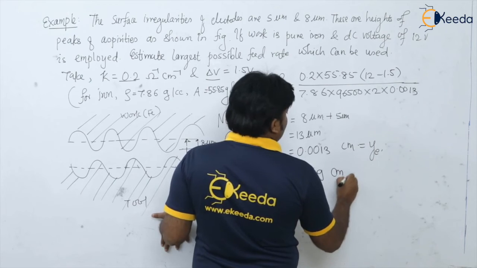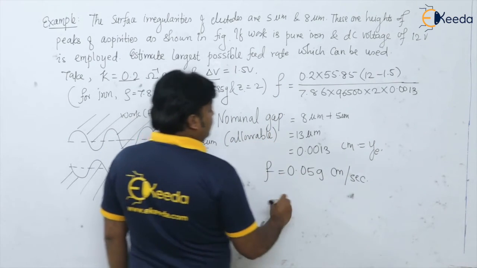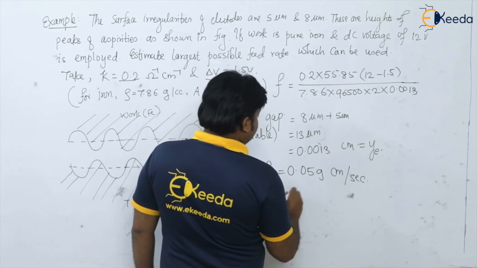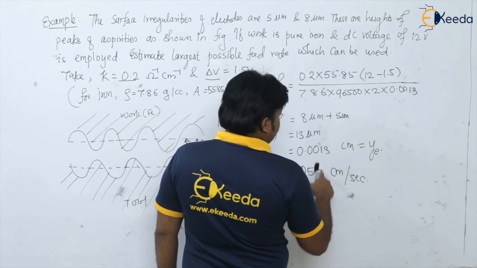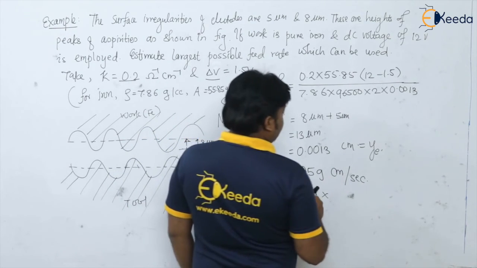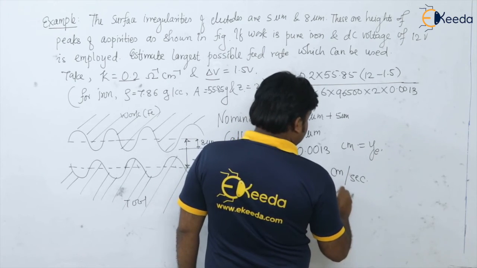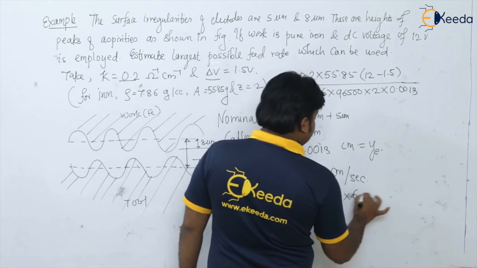centimeter per second. Okay, if you want to convert it into mm per minute, then it will be 0.059. So 10 millimeter is equal to 1 centimeter, so into 10 millimeter, and for minute, 60 seconds are there, into 60.